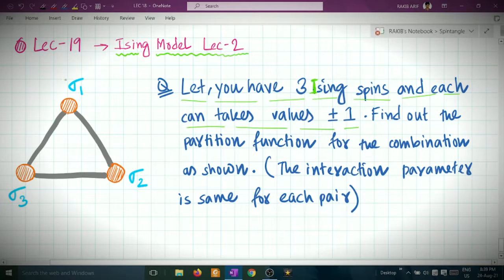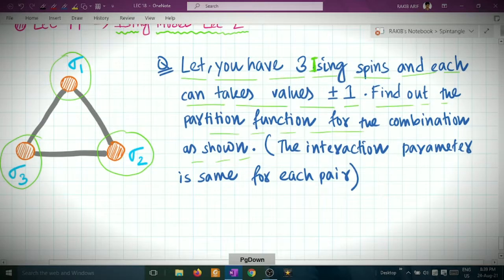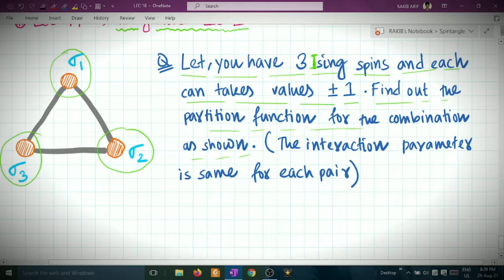That means you have some Ising spins, this is one spin, this is another spin, this is another spin. Find out the partition function for the combination as shown, and the interaction parameter is the same for each pair. This means the interaction parameter could be taken as some value.